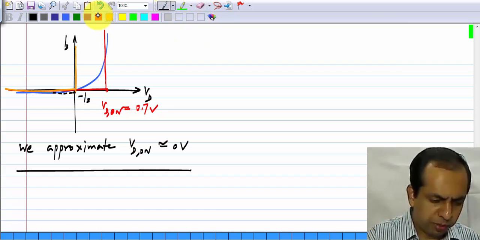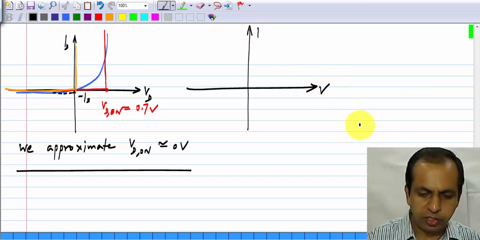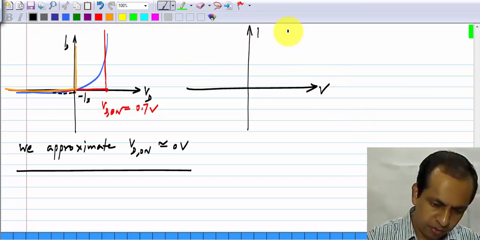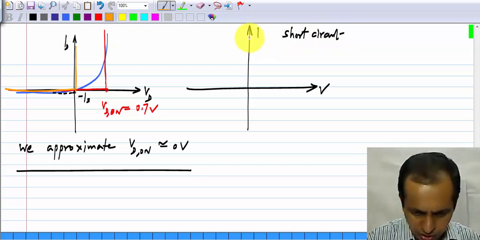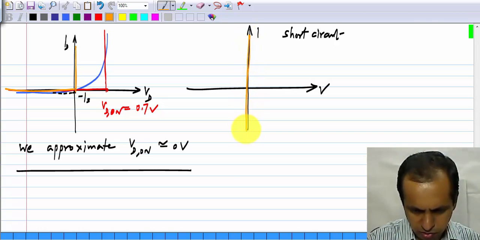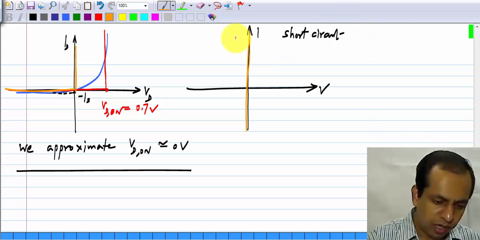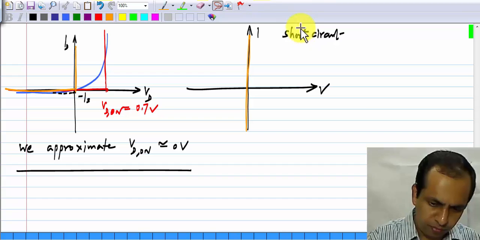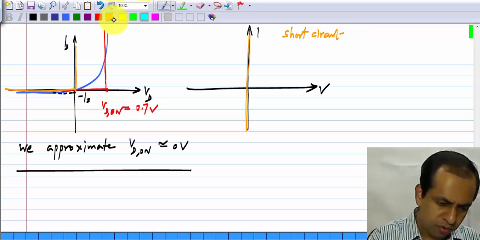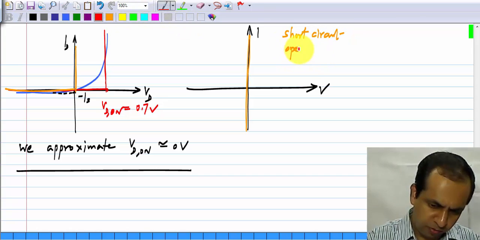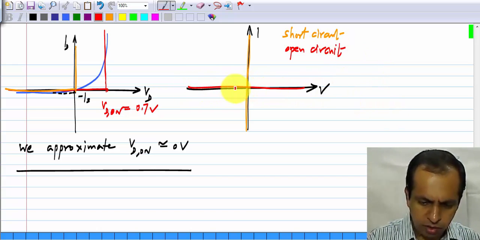If you remember, the I versus V of a short circuit is as follows. It is this, it will have 0 voltage regardless of the current that is flowing, and the IV characteristic of an open circuit, it is like that.